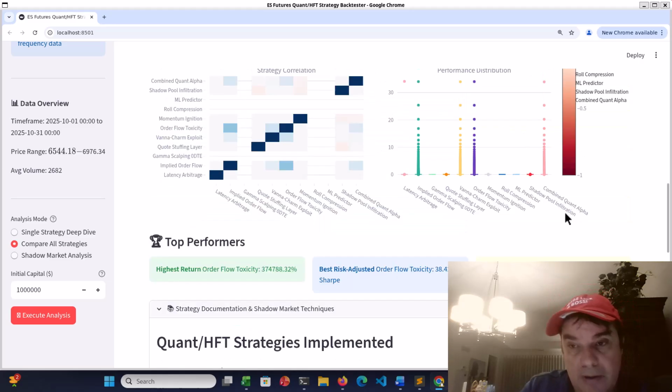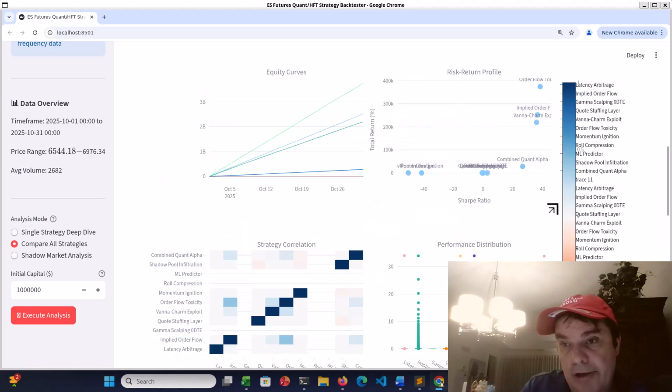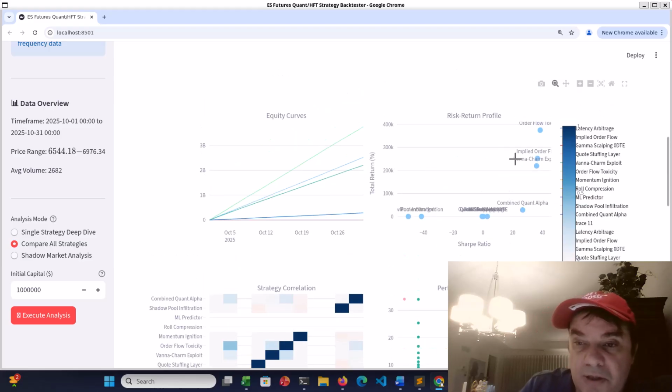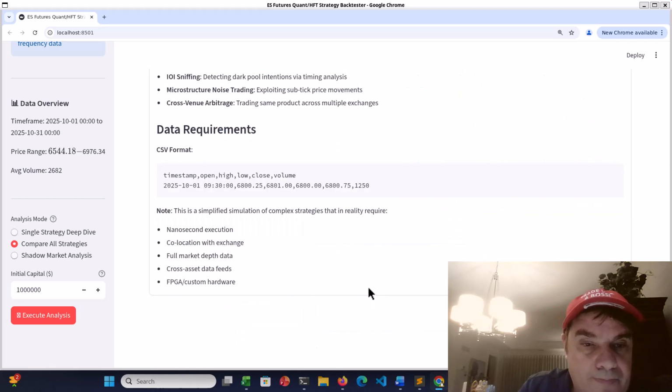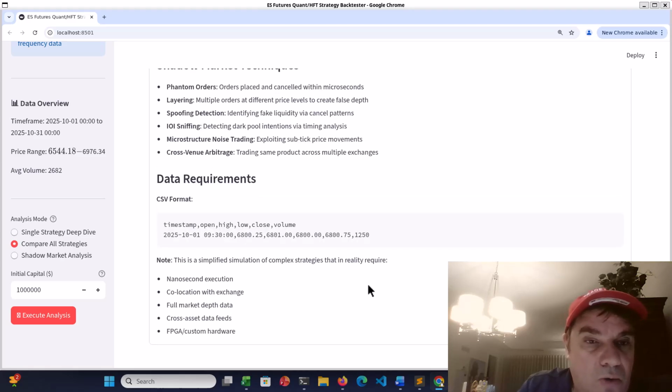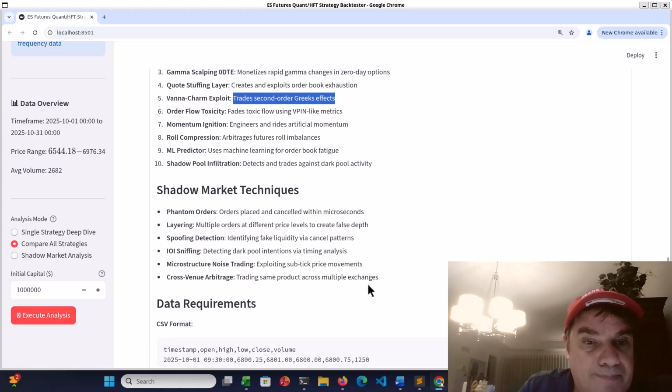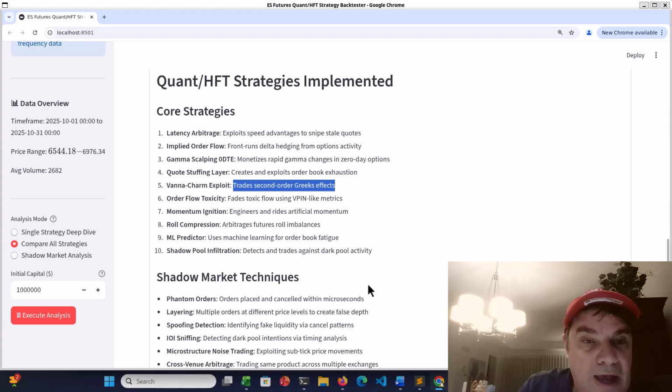And the next one that looked pretty good was this one, which was the implied order flow. So let's look at what that involves as well. So the implied order flow, what one's that? So we have here implied order flow front runs, which I'm not going to get involved with.